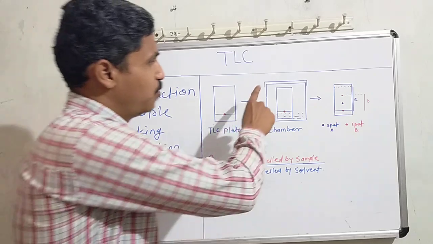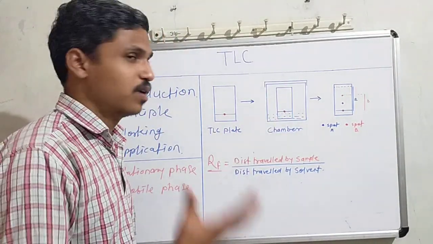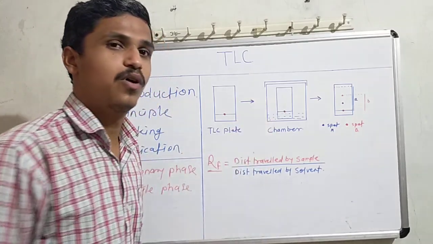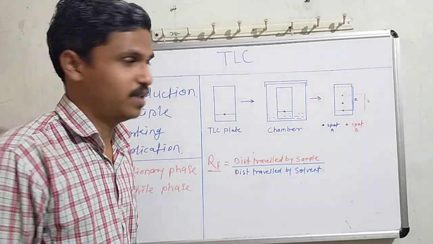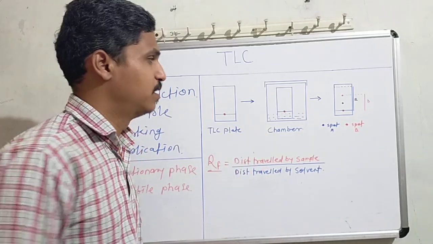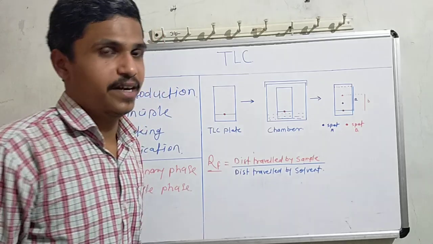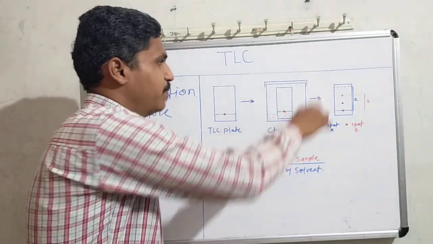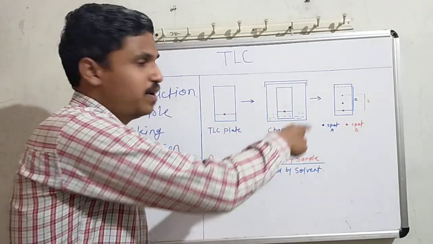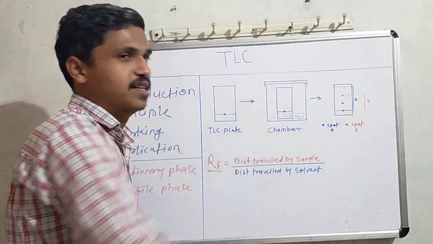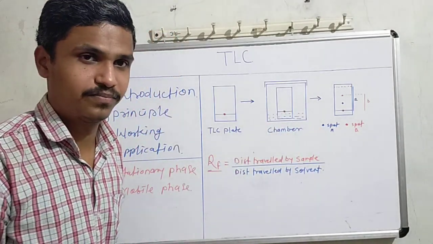Before that, you have to take the chamber, called the glass chamber, in which you put the mobile phase, which is in liquid form, and cover it with the glass lid, so that it gets saturated. The environment in the glass chamber gets saturated by the vapor of this mobile phase.